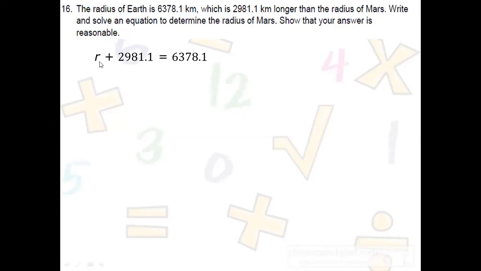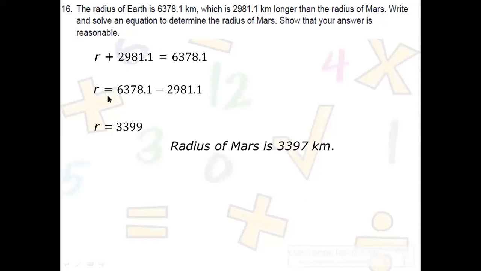Radius, that's why I took R, plus 2,981.1 should give you 6,378.1. This is the radius of the Earth. So to this radius plus 2,981.1 is equal to the Earth's radius. This radius is of Mars. So as you know, you just have to subtract.